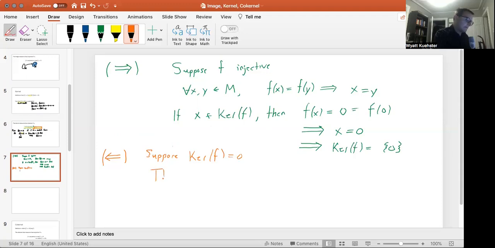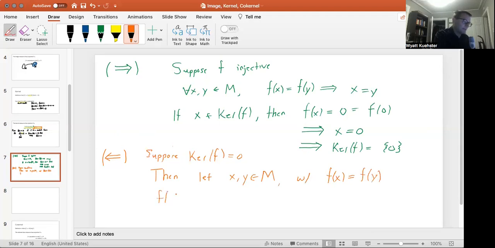Then we want to show that f is injective. So let x, y be some things in M with f of x equals f of y. And we want to show that this implies that x equals y.